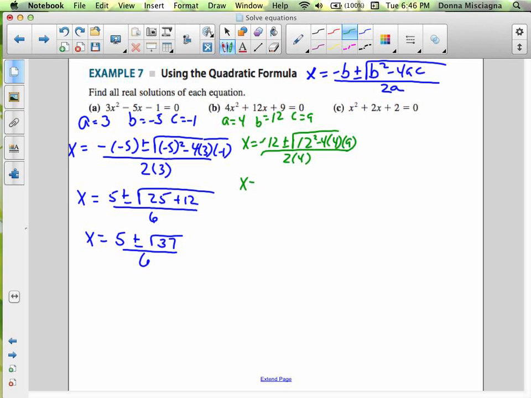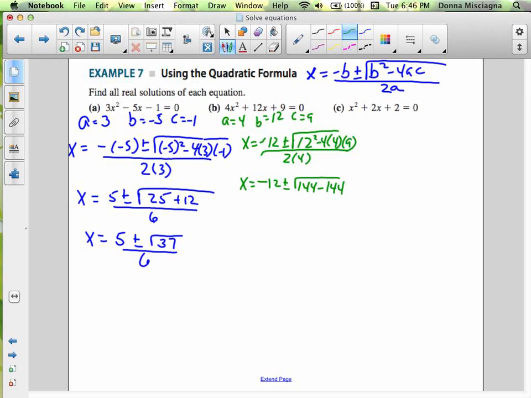So this would be x equals negative 12 plus or minus the square root of 144 minus, so that would be 4 times 4 times 9, so 16 times 9, that's going to be 144.